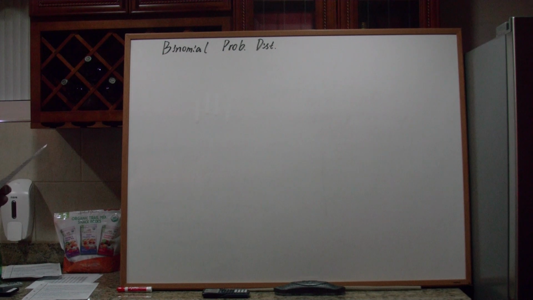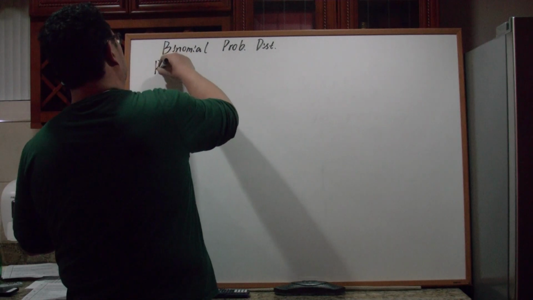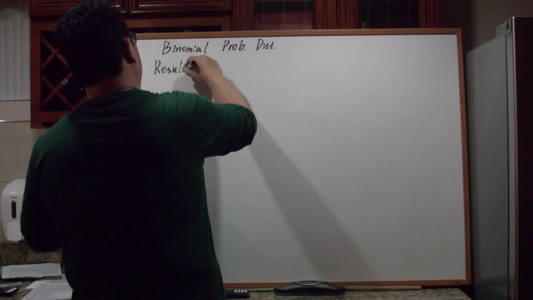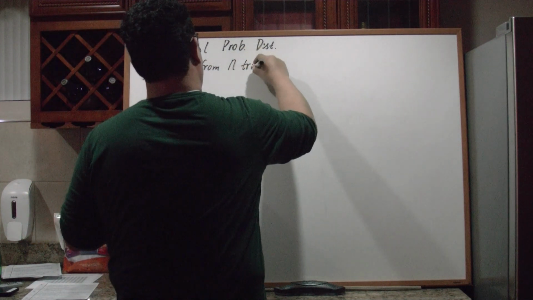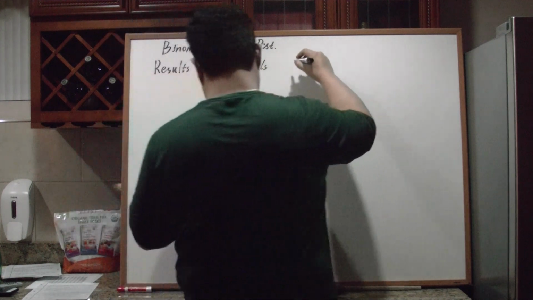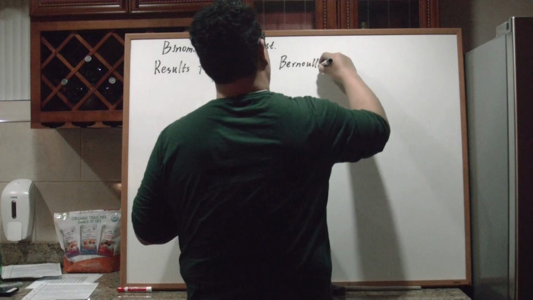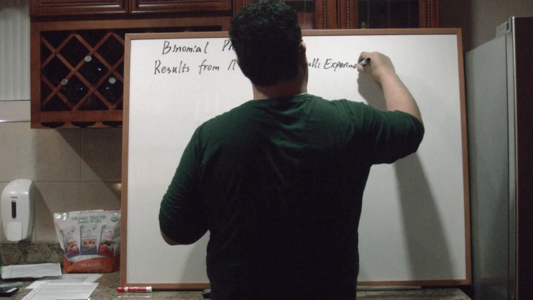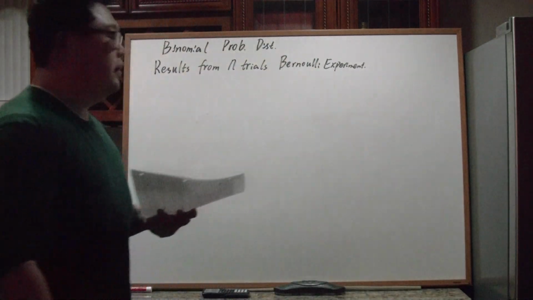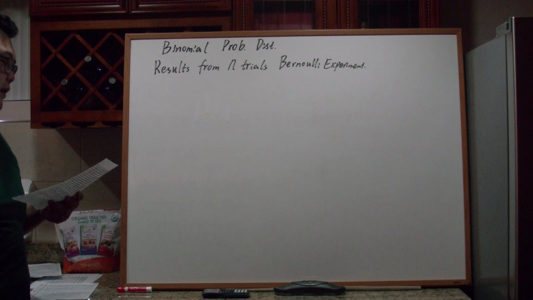Then we have something called the binomial probability distribution. It is getting results from n trials of a Bernoulli experiment.